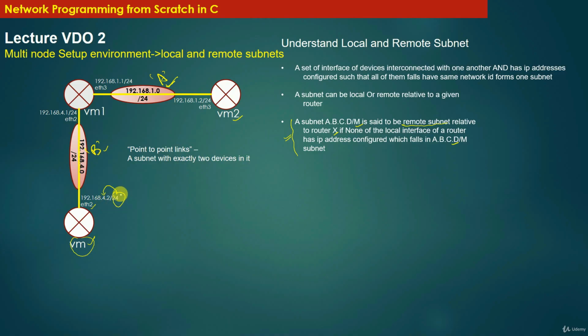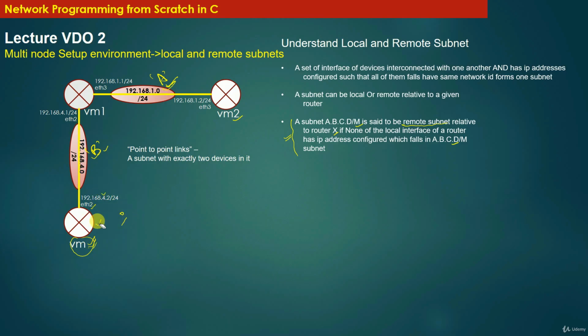If you apply the mask value 24 on this IP address, you get subnet ID B. Were you able to get network ID A from any local interface of router VM? The answer is no, and that is the reason subnet A is a remote subnet for router VM.